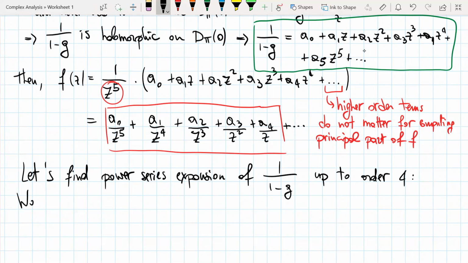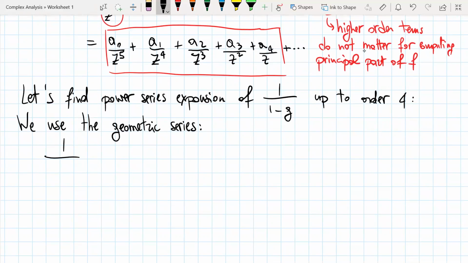So we use the geometric series. So we know that 1 over 1 minus g of z is 1 plus g of z plus g squared of z, and so on. And we know that we can do this around 0.